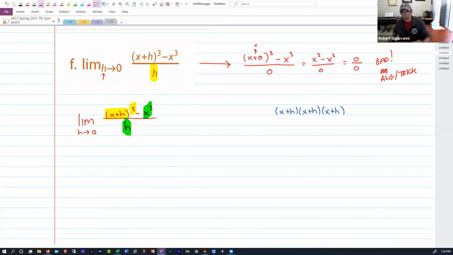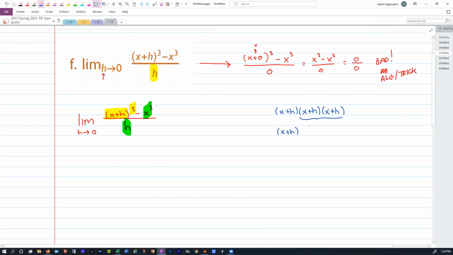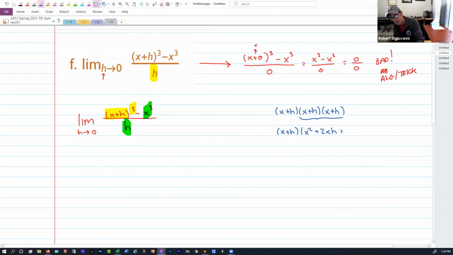All right, now I don't want to go through all of this. I'm just going to show you what the next lines would be. Vivian, you're off the hook. These two together give us x squared plus 2xh plus h squared. So I just FOILed this out and collected like terms, which I expect everyone here could do.